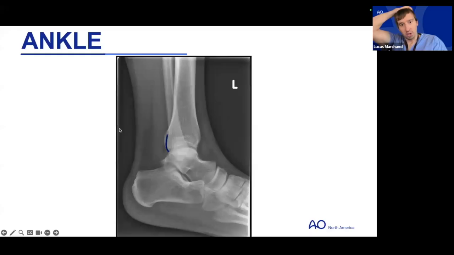And then one last thing I wanted to bring up that you can look for on the lateral is the posterior border of the fibula. Obviously, you can look at the posterior malleolus, but looking at the posterior border of the fibula, I think, is critically important because it gives you an idea of where the fibula is sitting relative to the tibia. And Dr. Kellum actually has a nice study looking at this in patients with normal anatomy, non-injured.